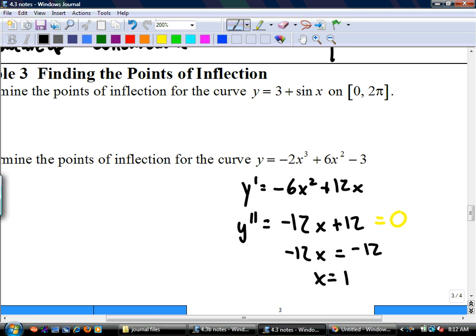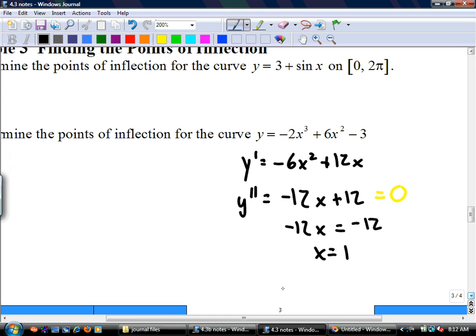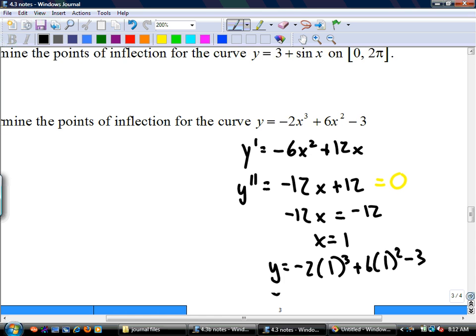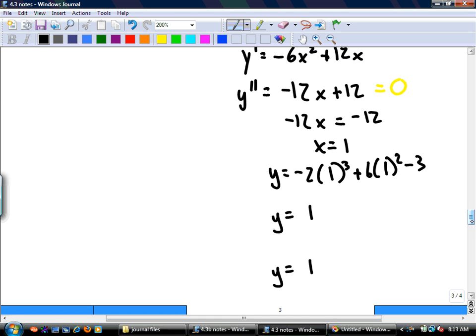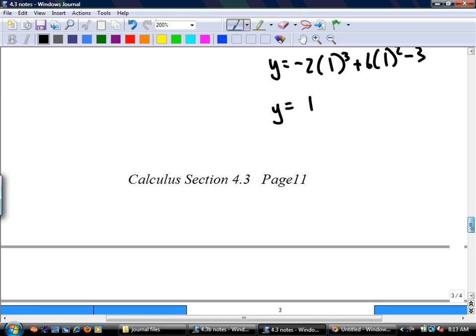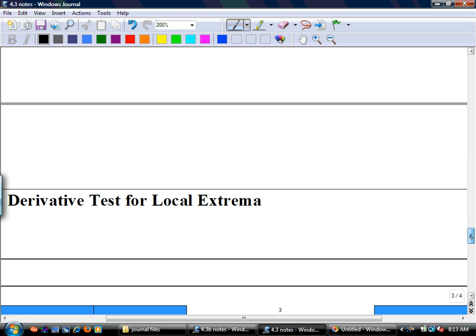So how do I find the y value? Into the original function. So it's 1.